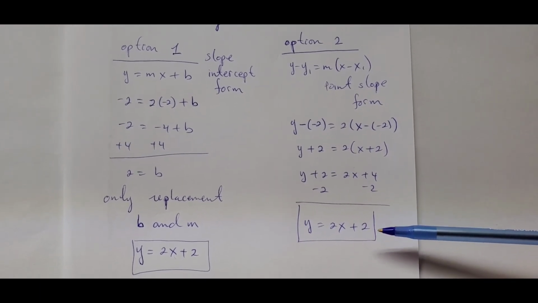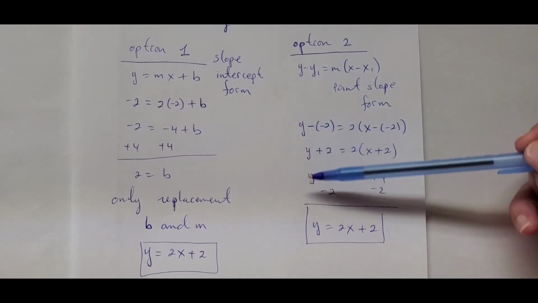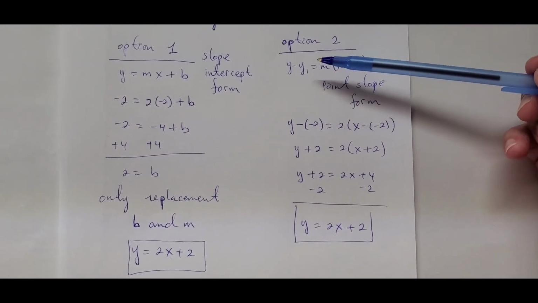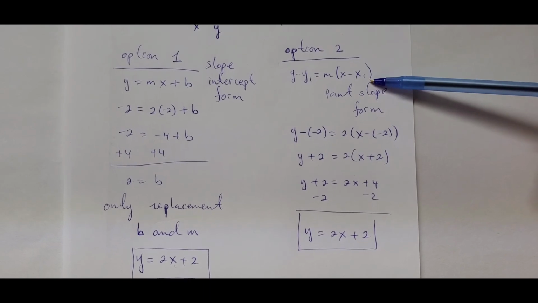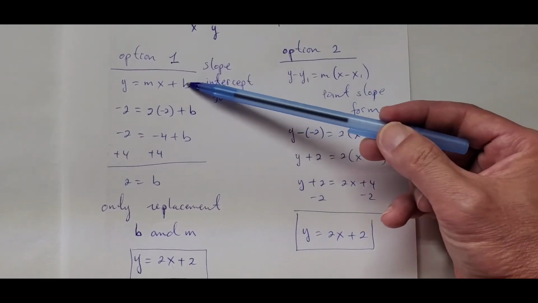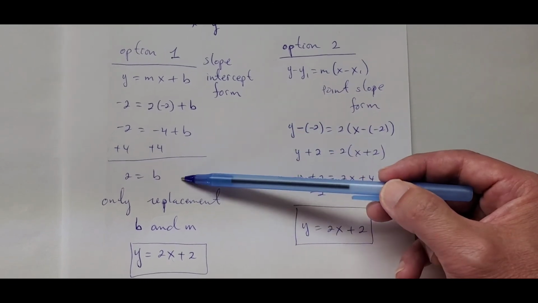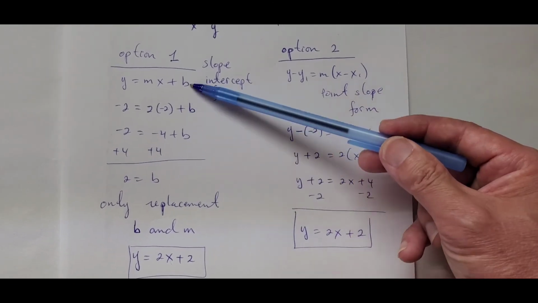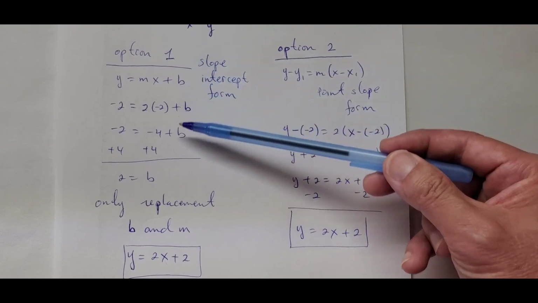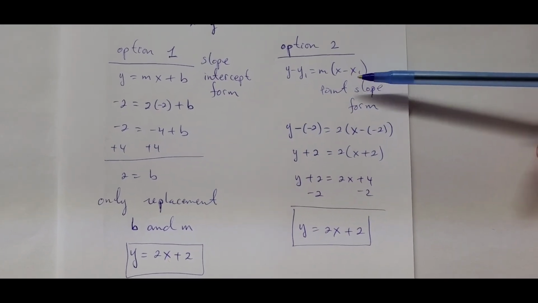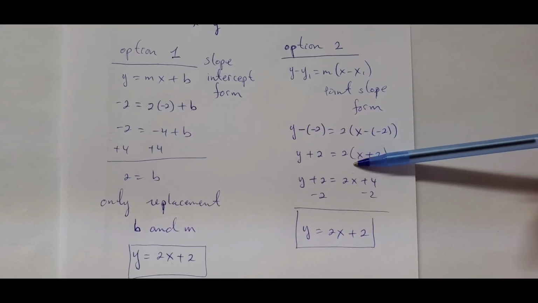However, we tend to use option 2 more, and the reason is because it's much easier. In this case, it's easy because there are no fractions. Some of us have trouble with fractions, so option 1 seems a little bit more difficult. But with option 2, even if you have a fraction, it is still easy.